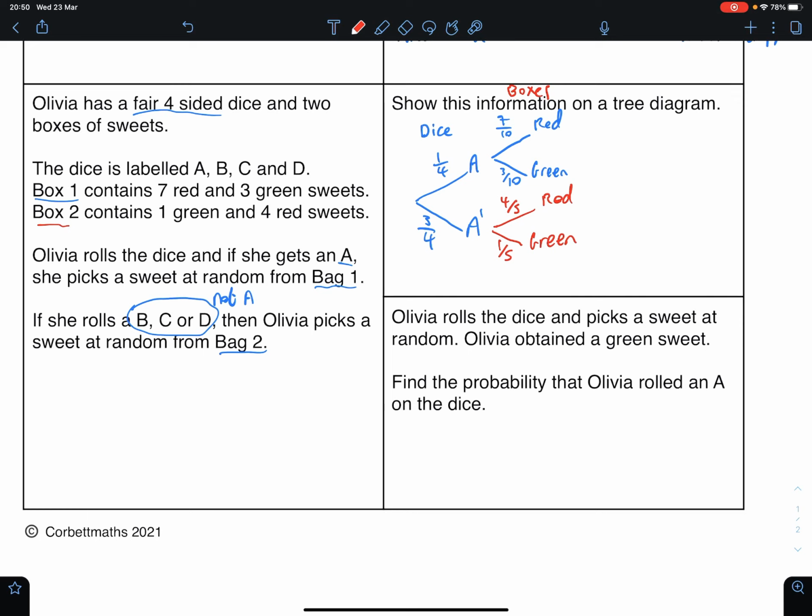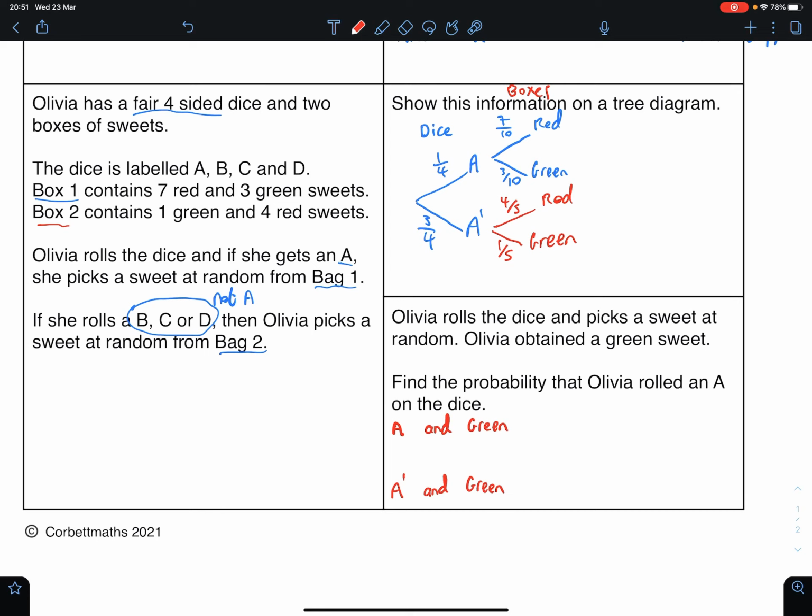A green sweet. So we can either get an A on the dice and a green sweet, or we can get not A and a green sweet.